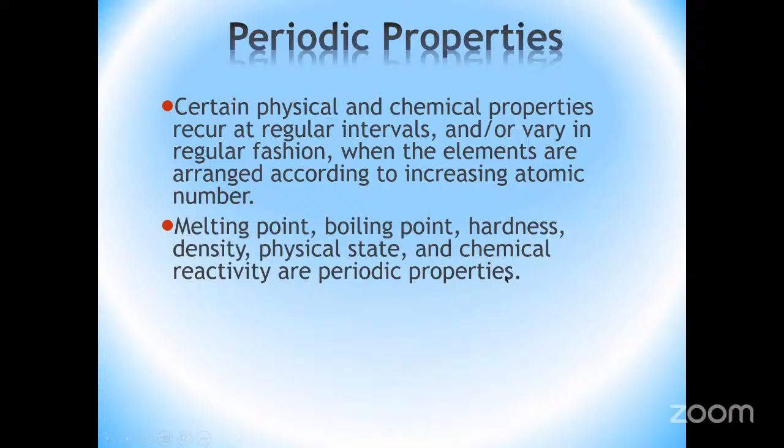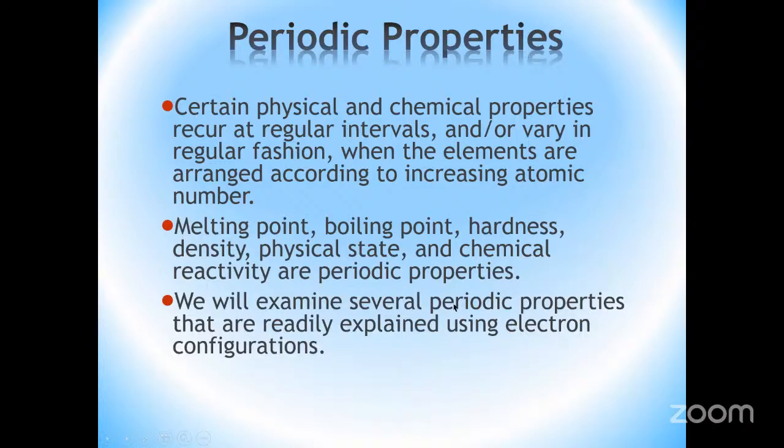In other words, after so many elements, you see some repeat in terms of properties or some gradual changes in terms of properties, all right? So what we're going to look at is how several properties vary as you go across a period and down a group, and how we can explain that based on the electron configurations, right?